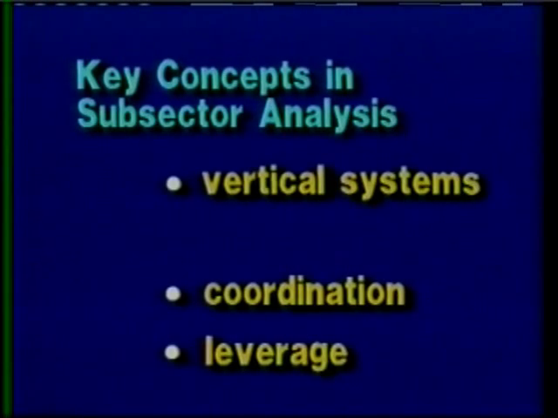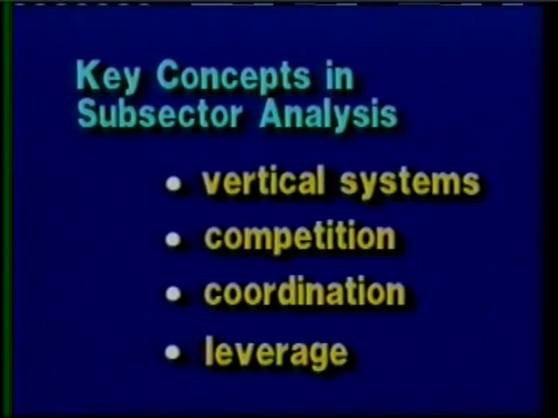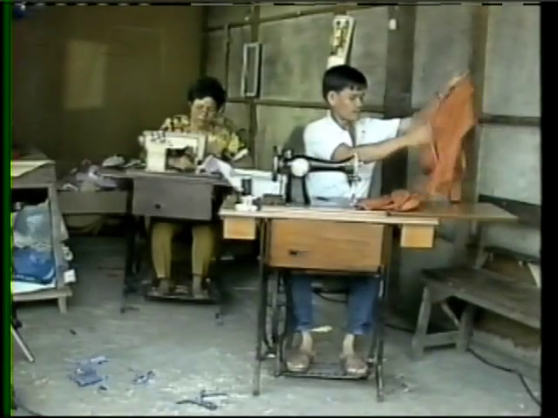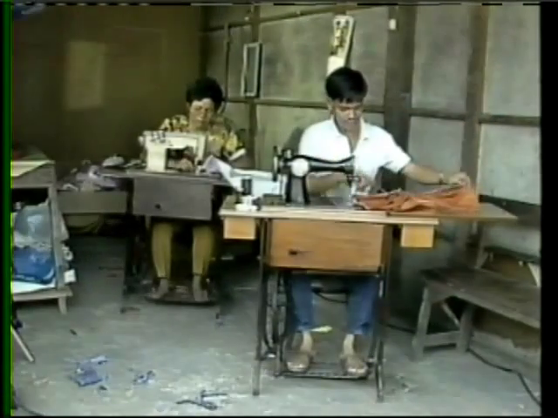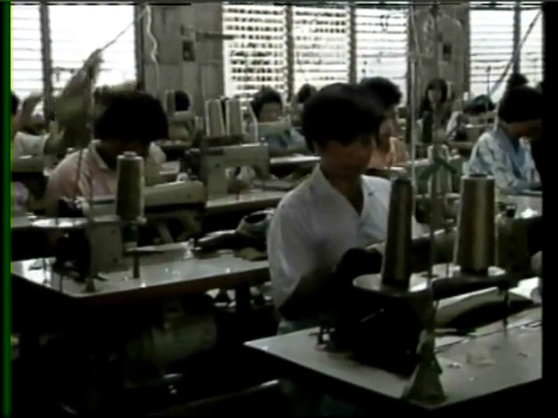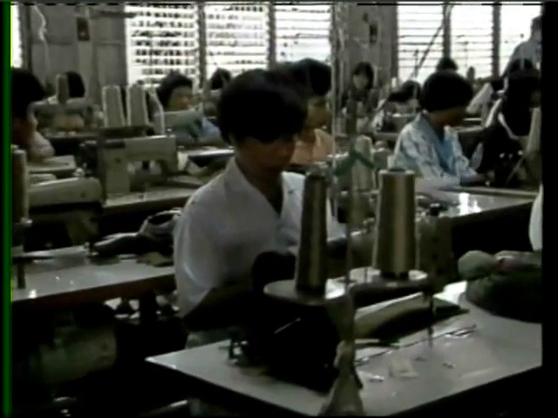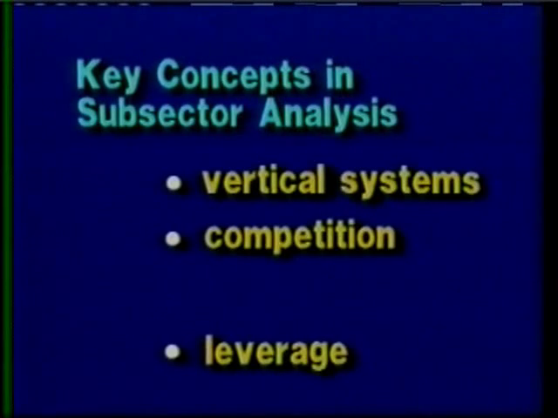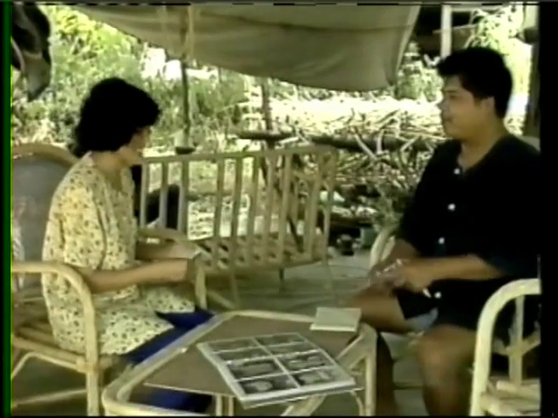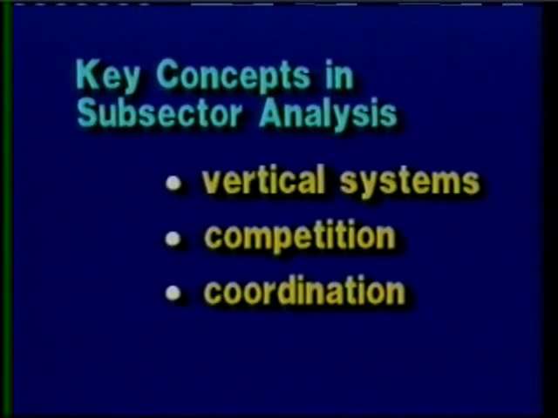Small producers compete among themselves, and they compete with larger firms employing different technologies. Coordination examines how policies and regulations affect subsector enterprises and how these enterprises interact. Leverage examines how support institutions can intervene most effectively.